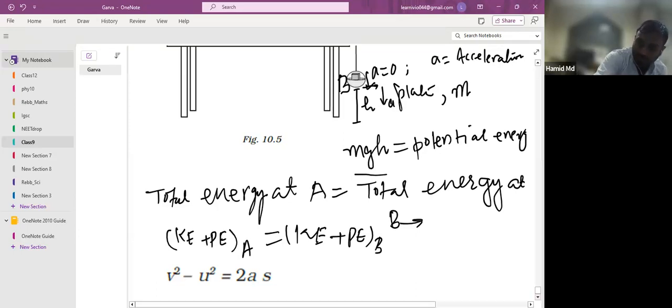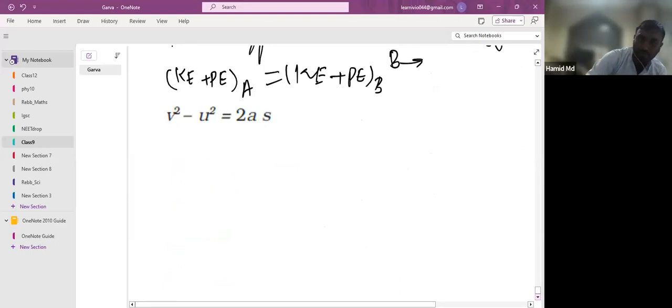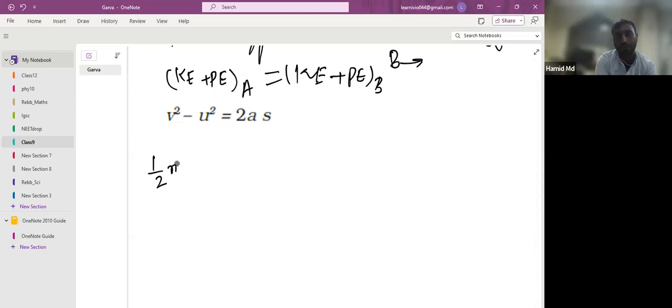This is a very familiar equation. So what I'm doing, I'm just multiplying it with half: half m v square minus half m u square is equal to half m, twice a s, so m a s. Clear?